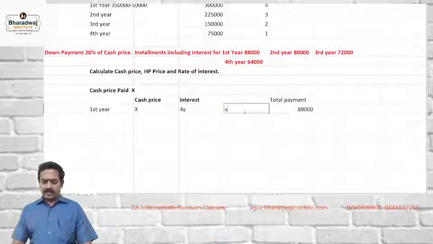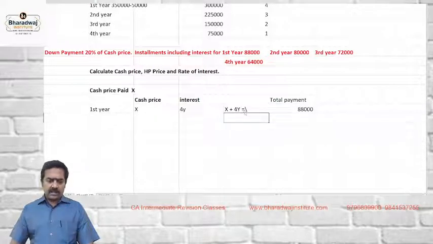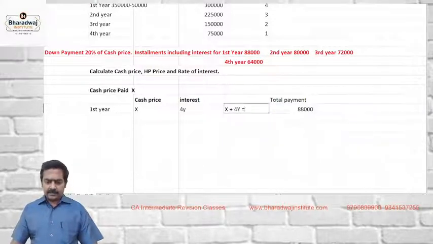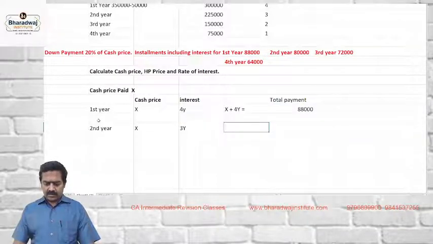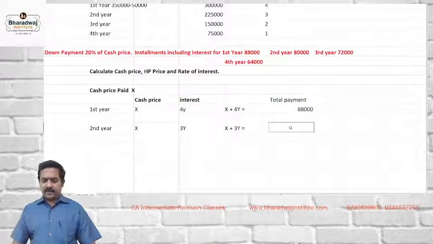So we take x plus 4y. Then the second year, how much are you paying? x plus 3y, which is 80,000. Then the third year, how much do you pay?